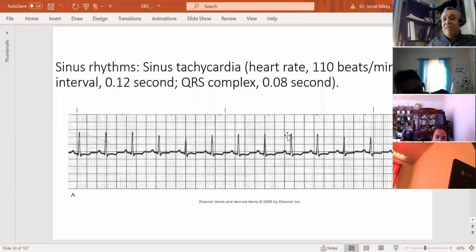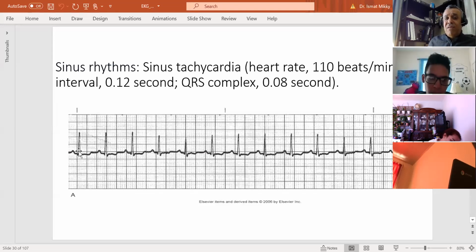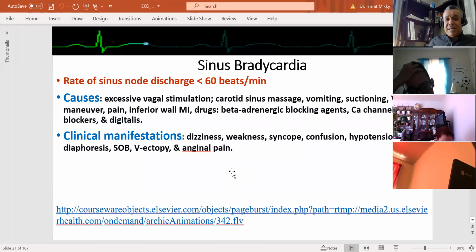I counted 11 cycles times 10, 110. So the patient's heart rate exceeded 100 beats per minute. So this is a sinus tachycardia. It's a normal rhythm because the P to P and R wave to R wave is consistent in terms of duration and distance.